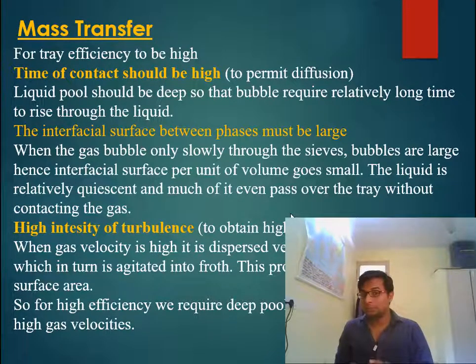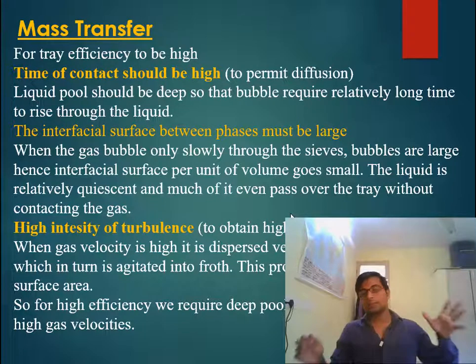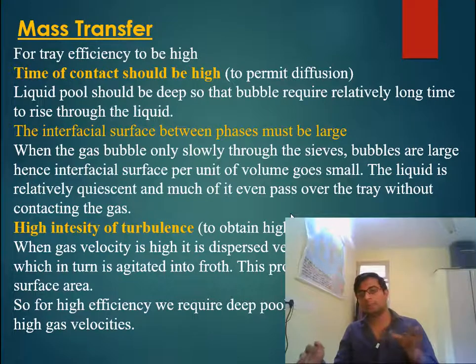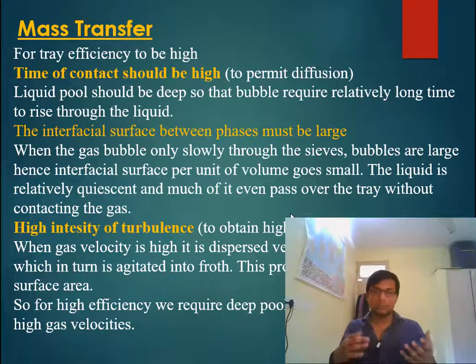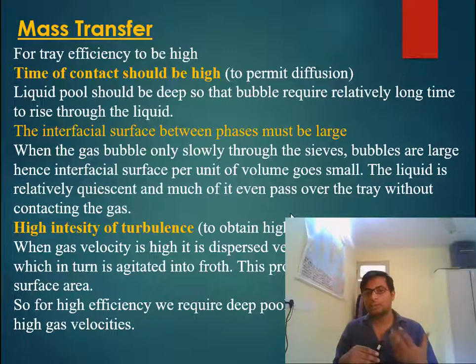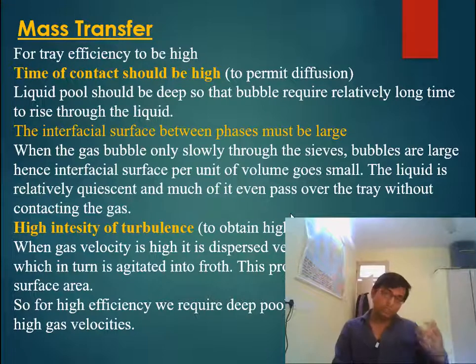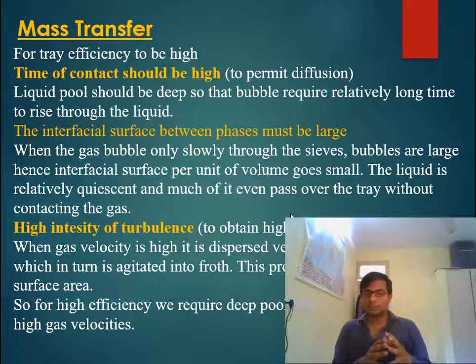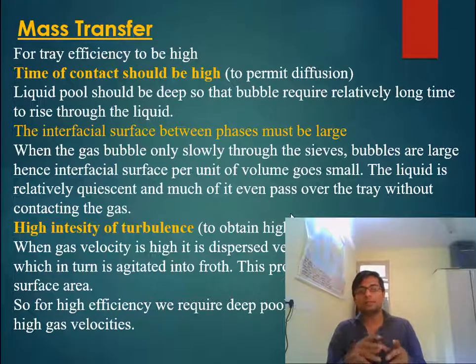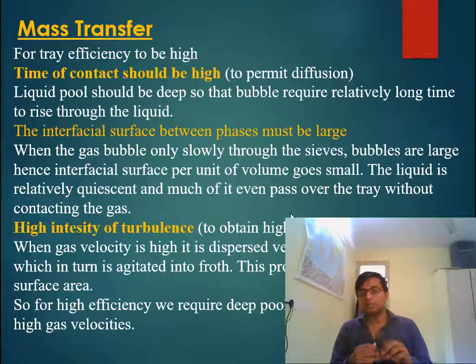I mean, at what throughput should we operate for high efficiency, because there is a range of operation which we can operate satisfactorily, but we are now interested in the optimum liquid and vapor flow rate at which my efficiency goes high. Efficiency is basically a concept of mass transfer, so we are now in the realm of mass transfer, and we are going to figure out the condition in which efficiency goes high.